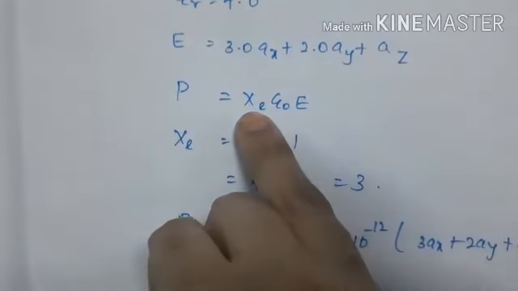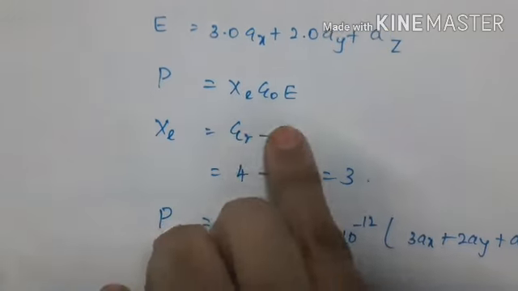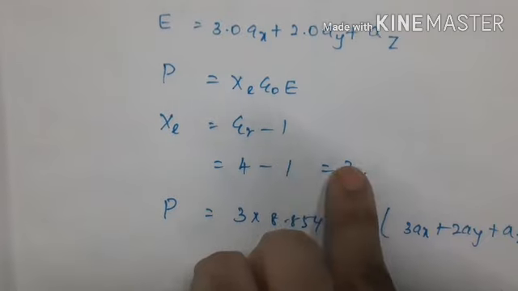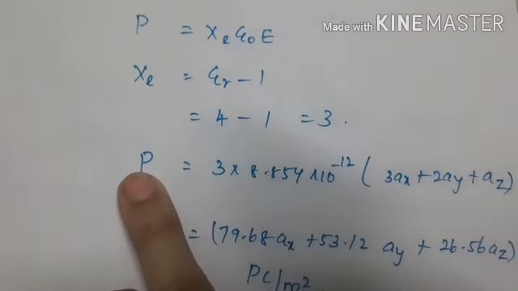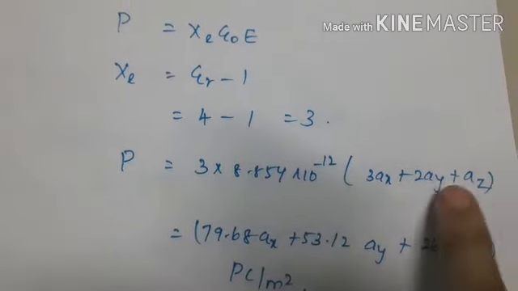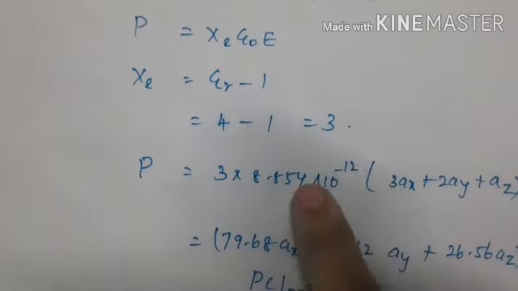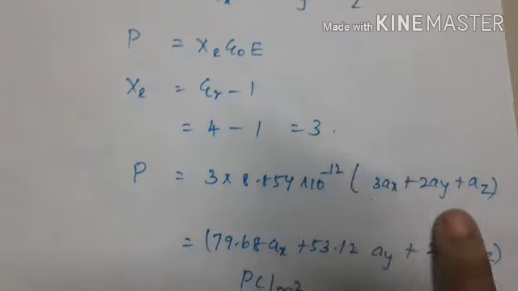How can we find out the value of susceptibility? That is epsilon r minus 1. Epsilon r is given as 4, so 4 minus 1 is equal to 3. So P is equal to chi E into epsilon naught into capital E, that is field strength. So 3 into 8.854 into 10 power minus 12 into the field strength expression.